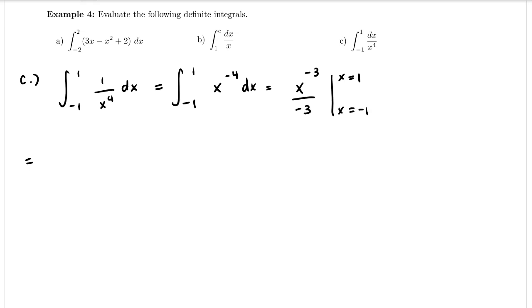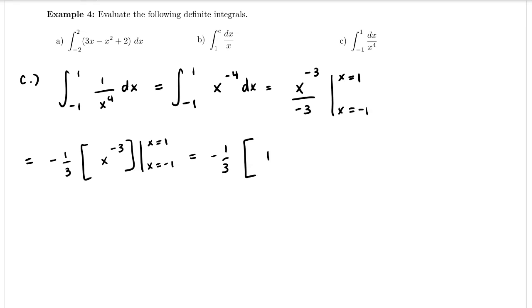And now I'm going to evaluate this, and I'm going to factor out a negative 1/3. So that's the same thing. I could just evaluate it from x equals negative 1 to x equals positive 1 and multiply the negative 1/3 later, or just factor it out.